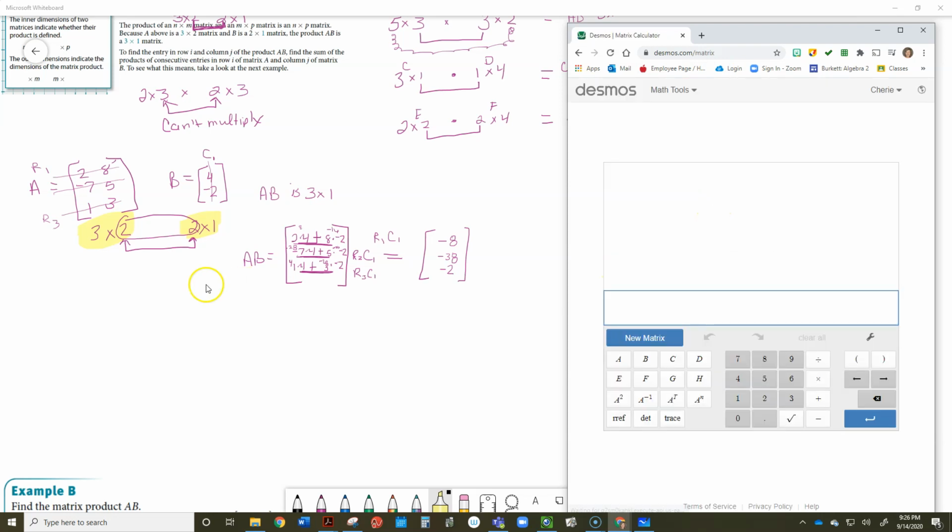And the reason that it doesn't is because of the restriction on the sizes. So remember, right here, matrix A is a 3x2 and matrix B is a 2x1, and we can multiply these because the 2's match.